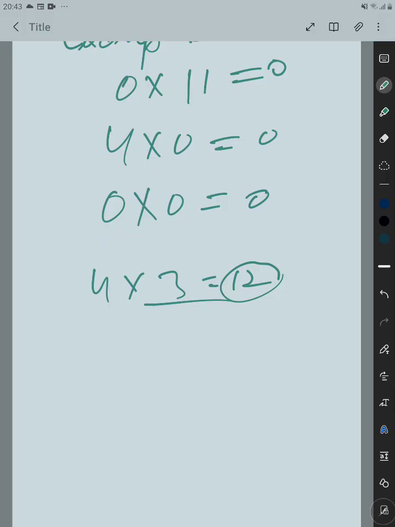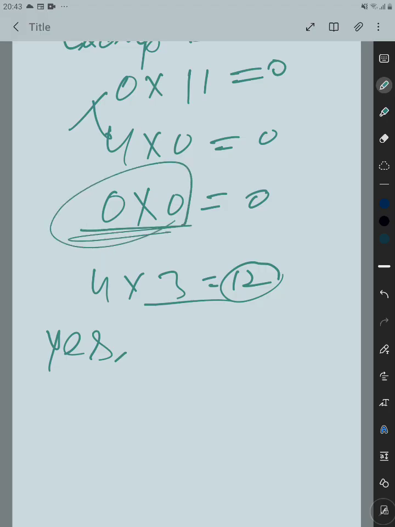So what we can say is yes, one or both of them will be 0. Either one number is 0, or both of them are 0.